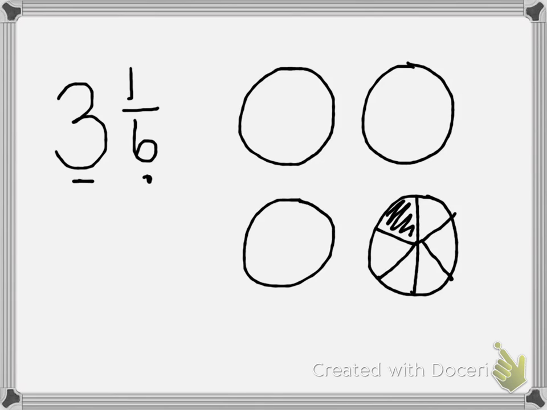Well, I can't keep these wholes. First of all, they're just wholes, and I need to know, okay, what do I break these wholes into? Well, since the denominator of our fraction is 6, we are going to break up our wholes into 6 parts as well.